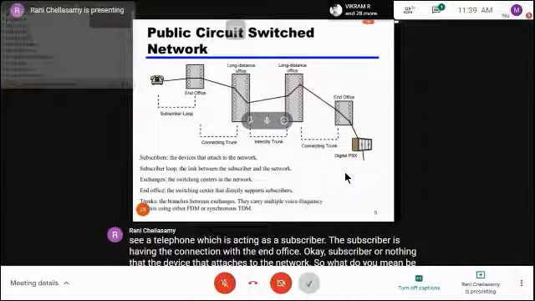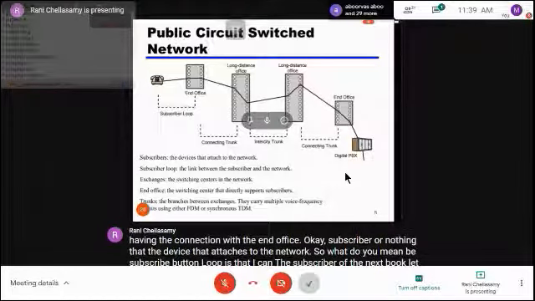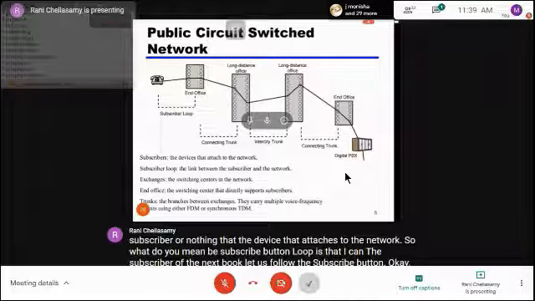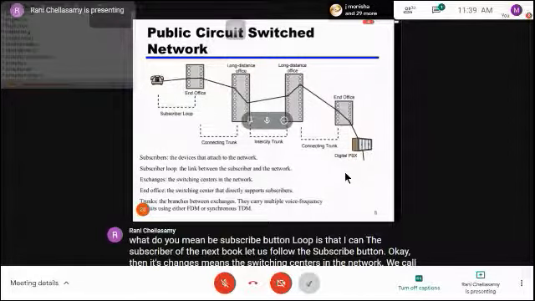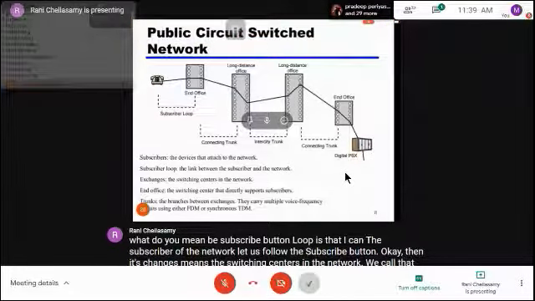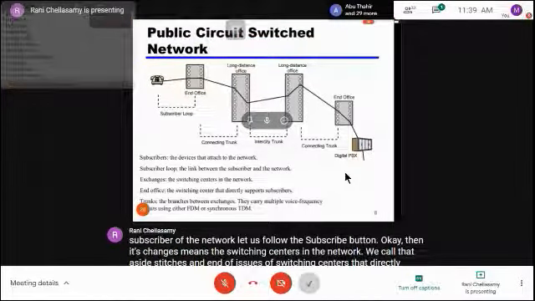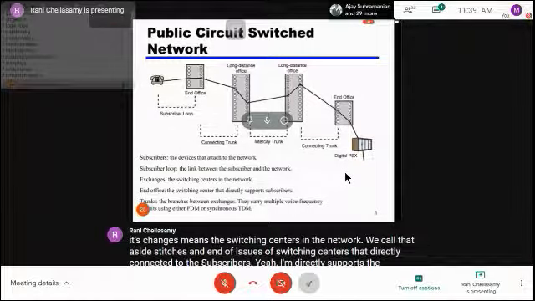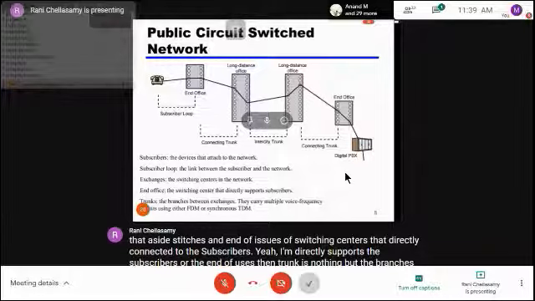Exchanges are the switching centers in the network, and end offices are the switching centers directly connected to and supporting the subscribers. A trunk is nothing but the branches between the exchanges. These large blocks we call exchanges, and the small blocks we call end offices.